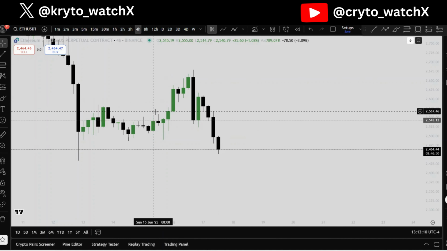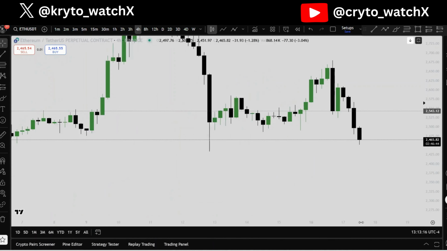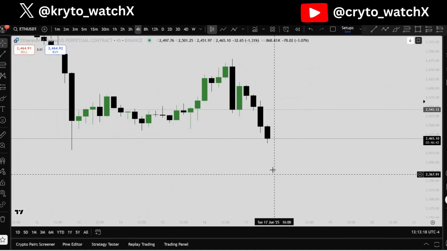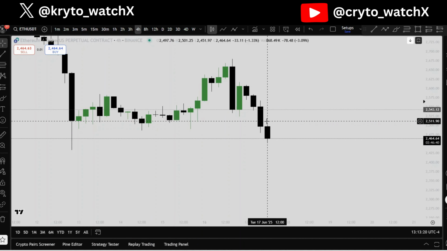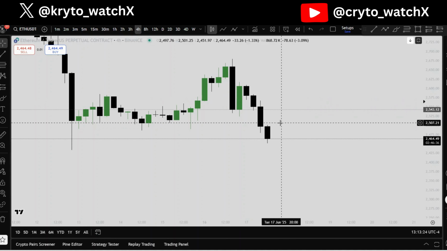It could be a bearish FVG or a bullish FVG. In our scenario at the moment, we've got a bearish FVG formed right here.